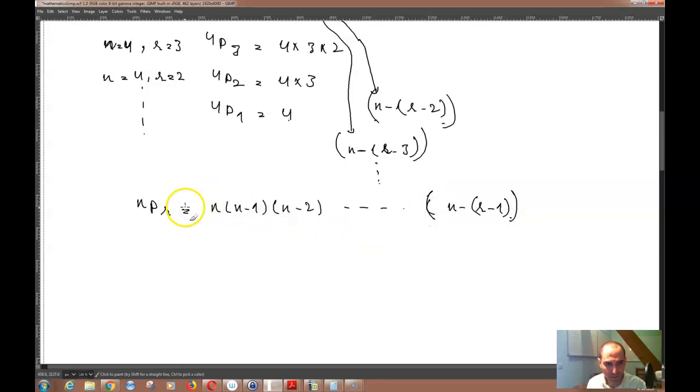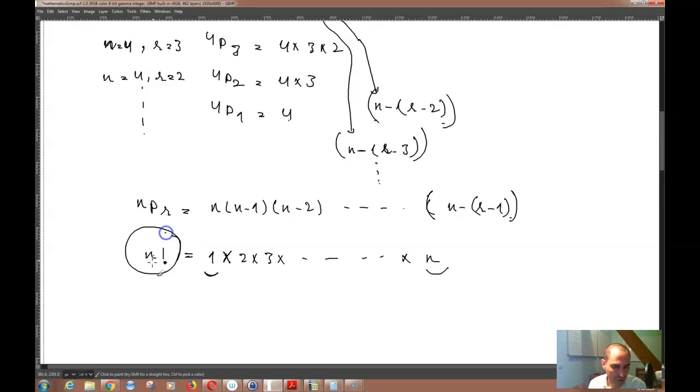Now, you know that anything factorial, for example, n factorial, is the same thing as 1 times 2 times 3 times all the way up to n, meaning that your product has to start from 1 and go all the way up to n, and that would be called n factorial, and there you could use the factorial notation.